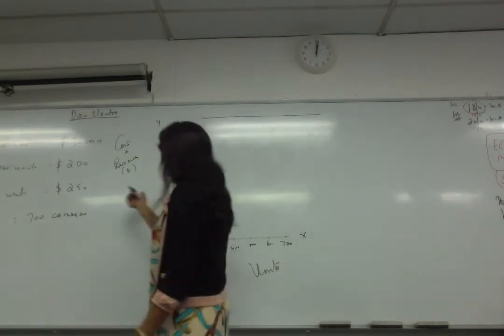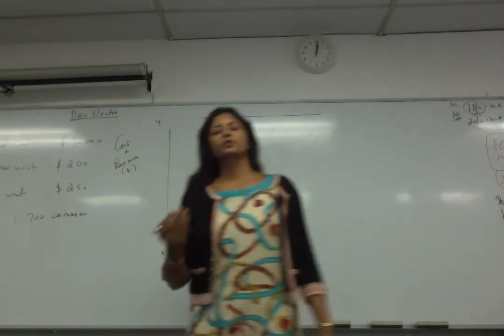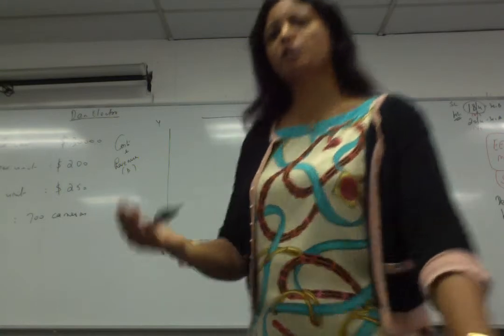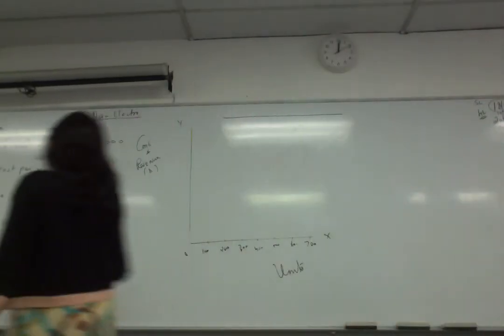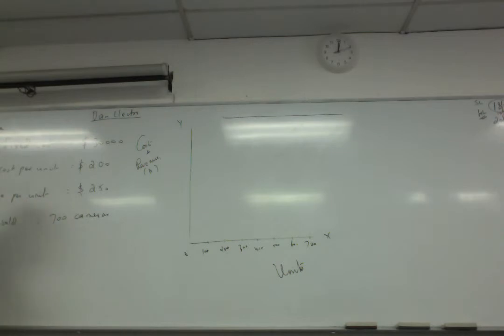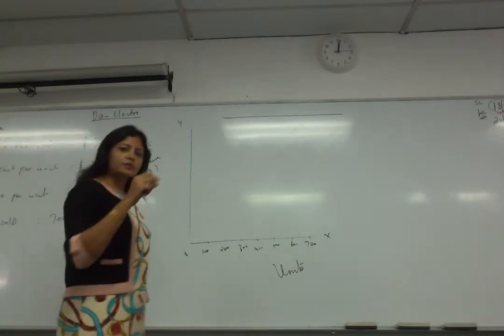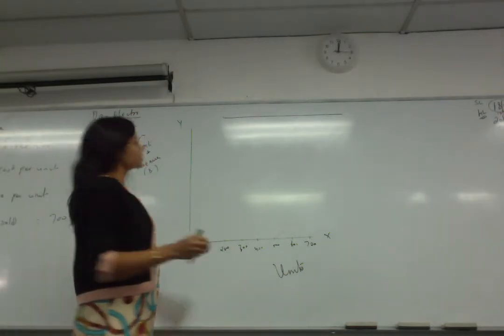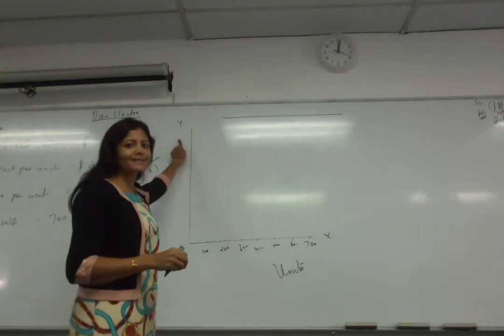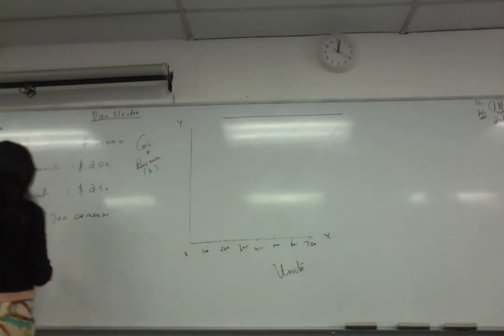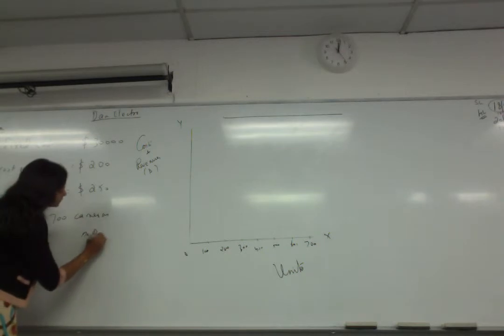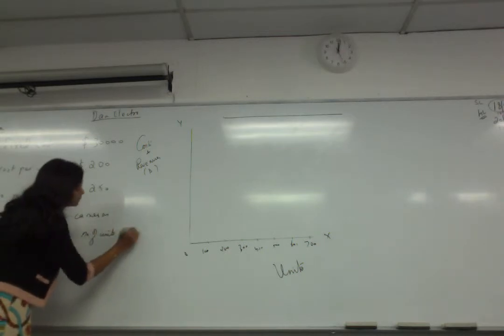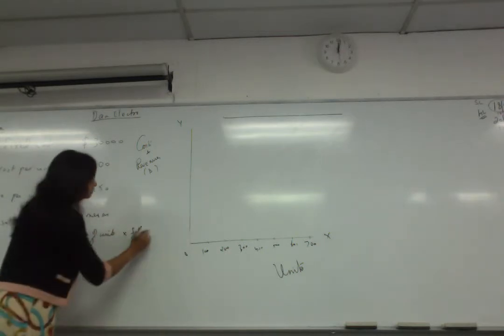Now, how do I know what to take on the y-axis? I need to do a bit of maths here. I need some calculations to be done. For any break-even graph, the way you find out the maximum point on the y-axis is by simply multiplying the number of units times the selling price per unit.